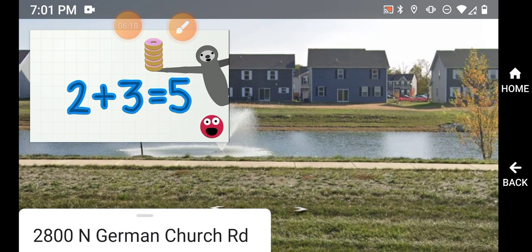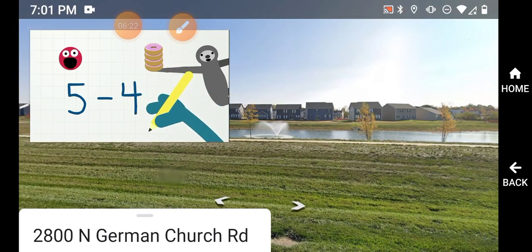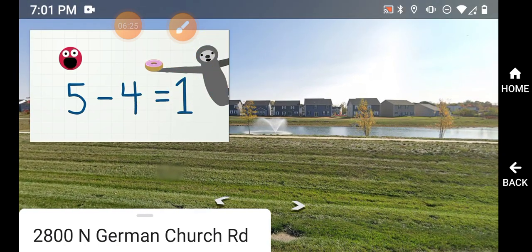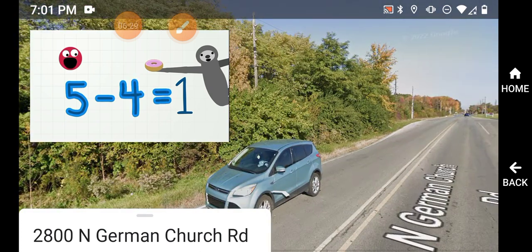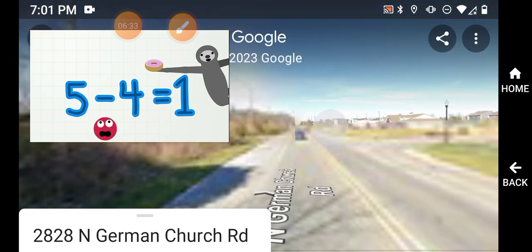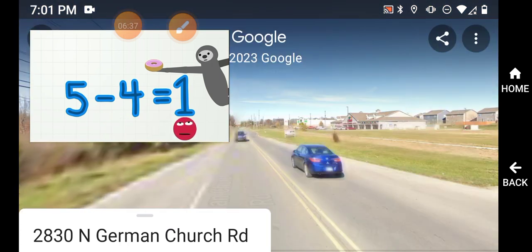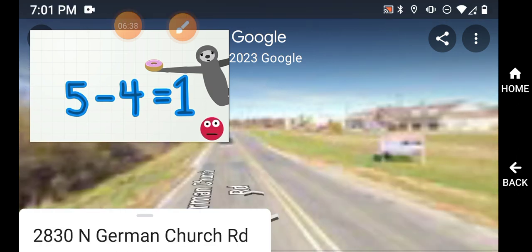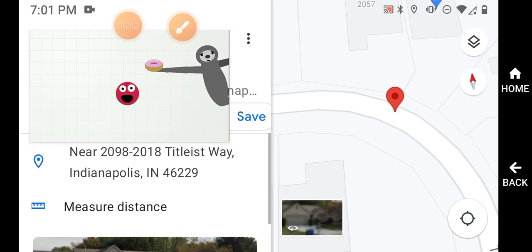Now, subtracting. 5 donuts minus 4 donuts equals 1 donut. 5 minus 4 equals 1. 5 minus sign 4 equals sign 1. Sad sloth.